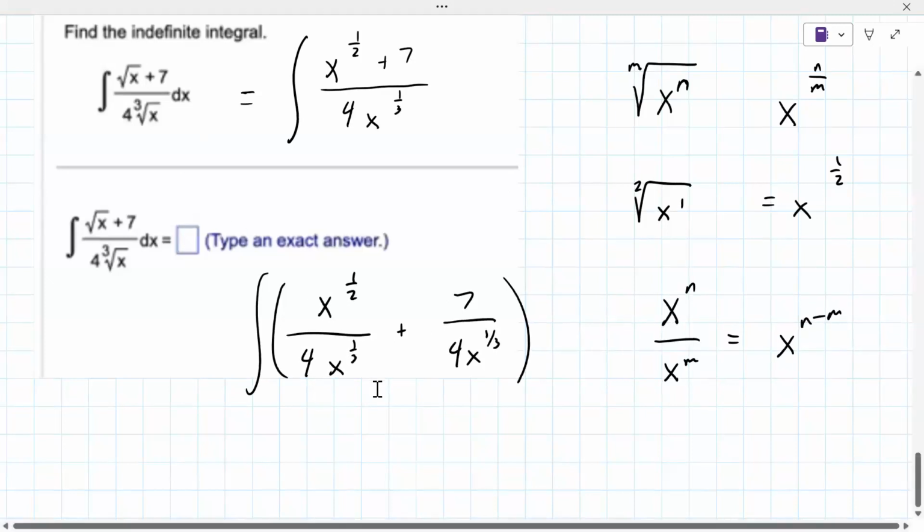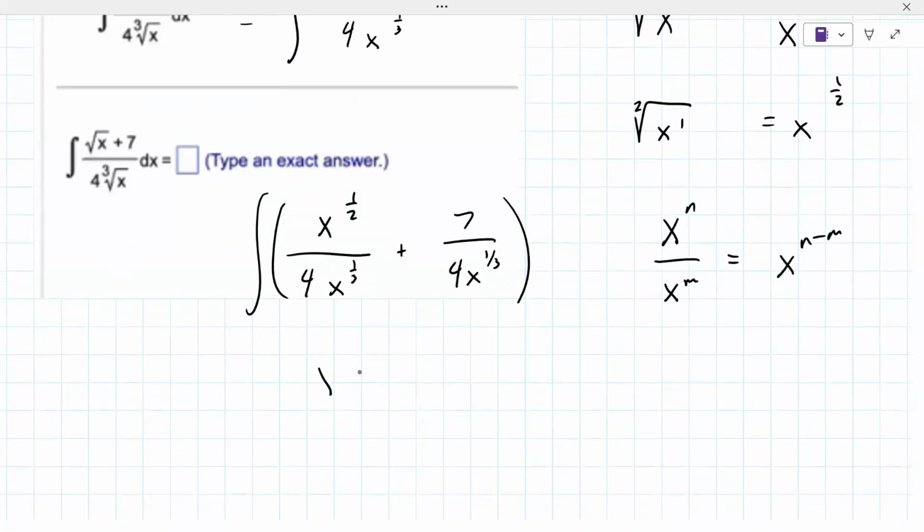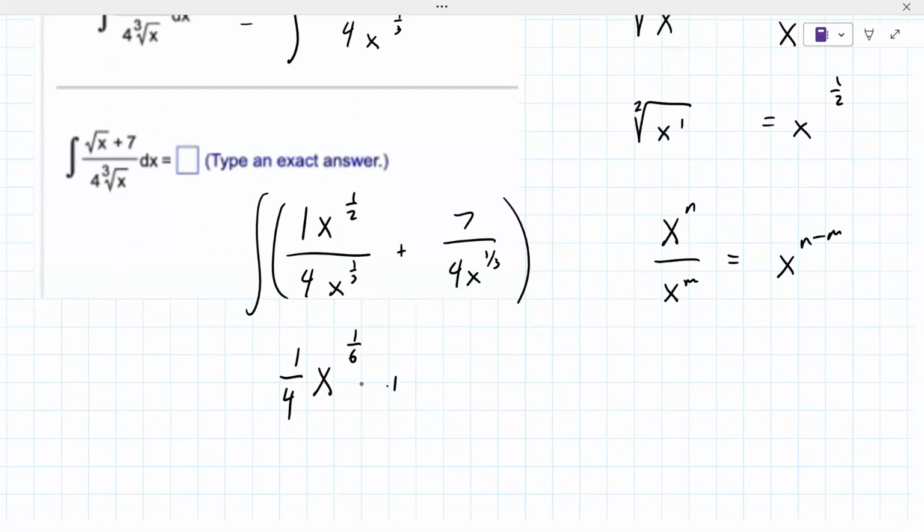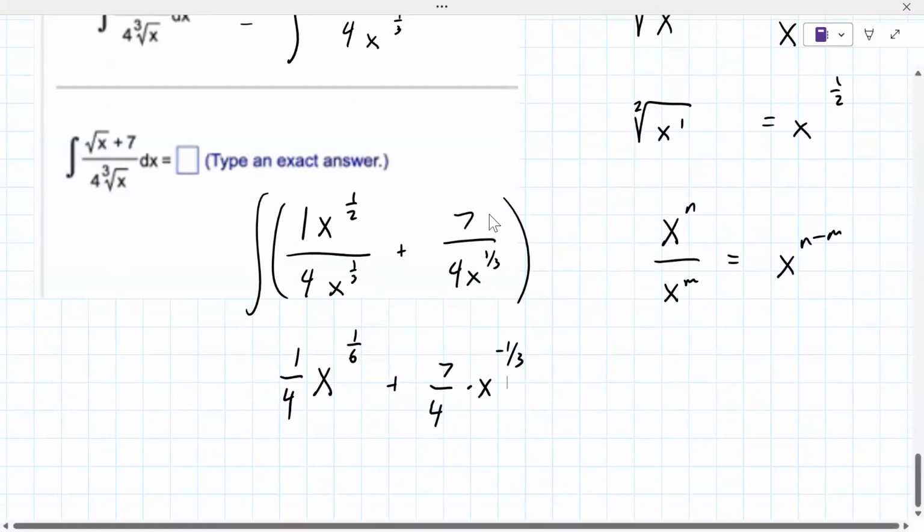So 1/2 minus 1/3 ends up being 1/6. So it's x to the 1/6, and there's really a 1 here, so it's 1 over 4 x to the 1/6 power. This one on the right is 7 over 4 times x to the minus 1/3 power. When you bring the exponent up, it becomes negative.